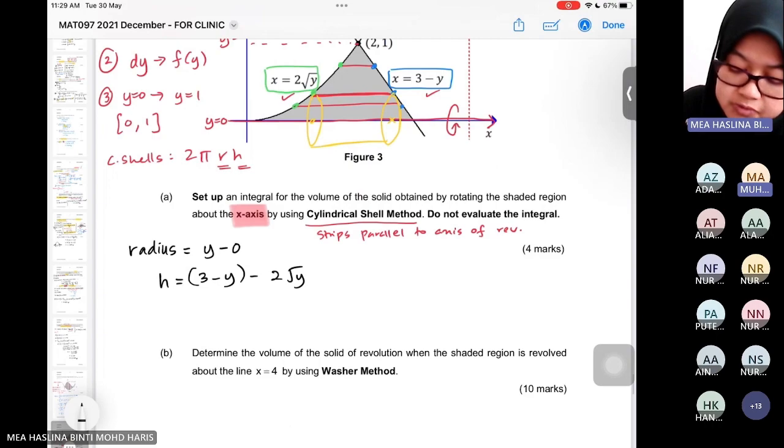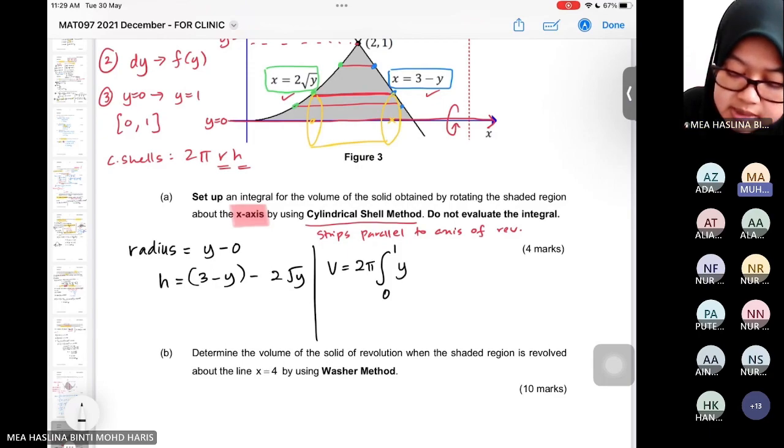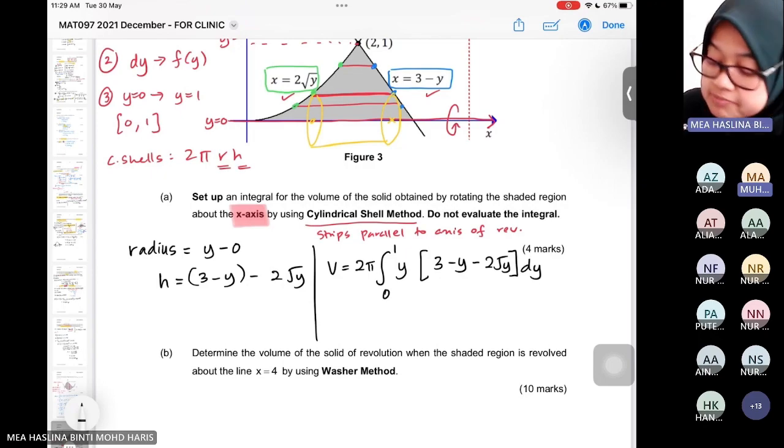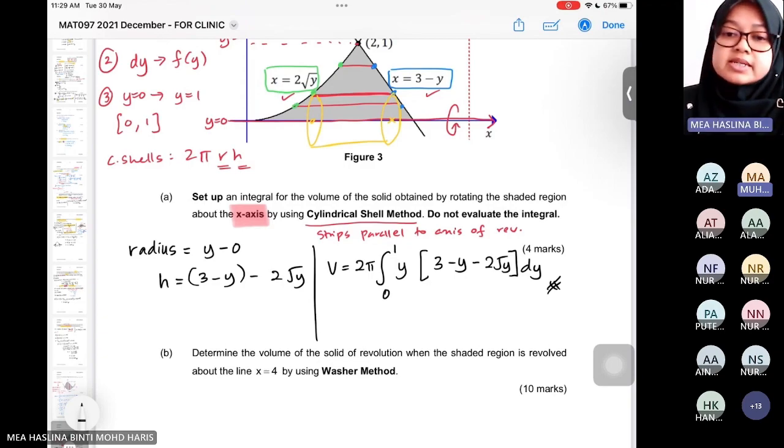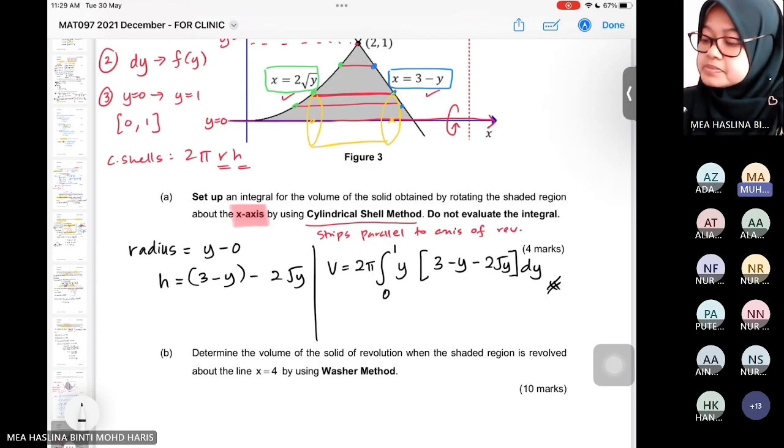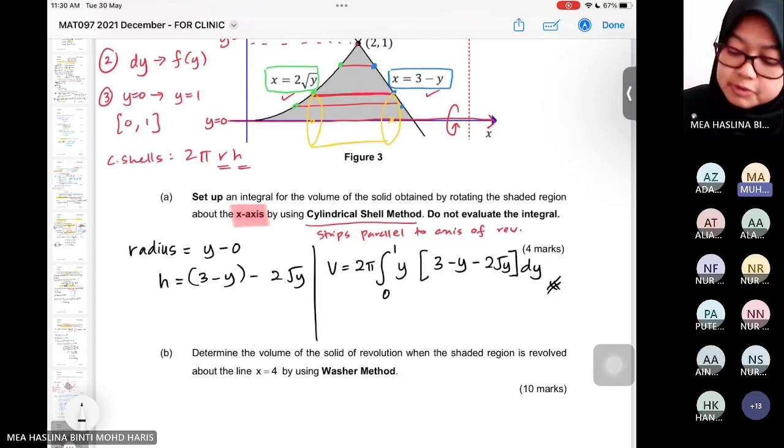Therefore the volume will be 2 pi integrate 0 to 1, r is y, h is 3 minus y minus 2 third y, dy. Okay, you get the still the top? Okay kan? Straightforward je. Okay ke everyone?